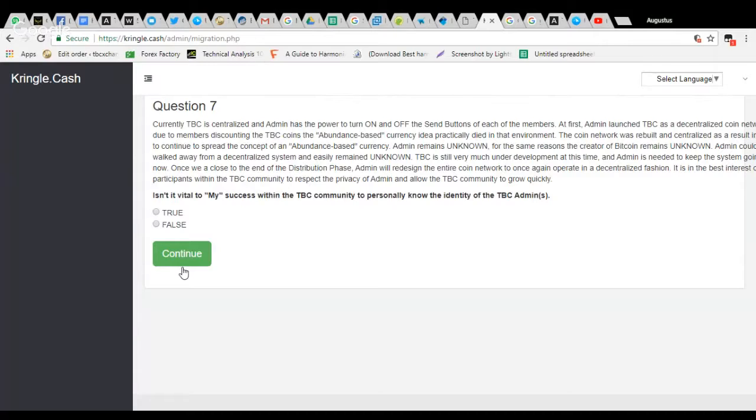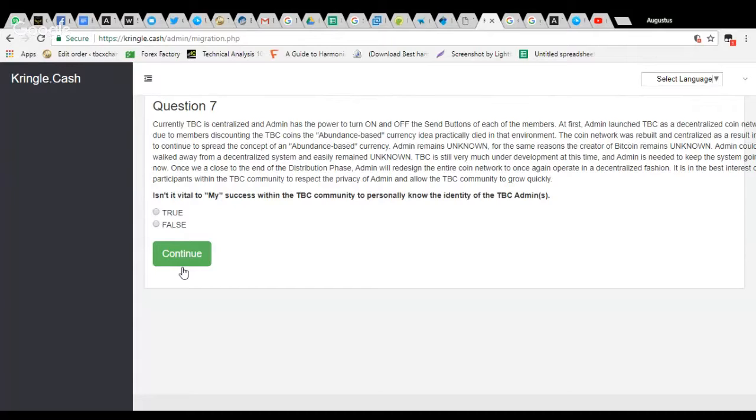question 7. Question 7 says, currently TBC is centralized and admin has the power to turn on and off the send button of each of the members. At first, admin launched TBC as a decentralized coin network, due to members discounting the TBC coin.